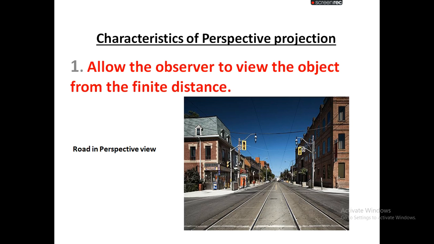In the beginning, those two sides of the road look like two parallel lines. As the distance increases, we can feel that those two lines are converging at a certain point.